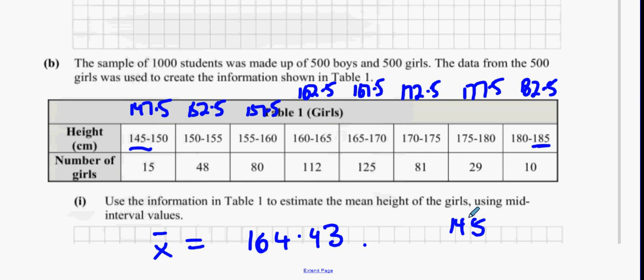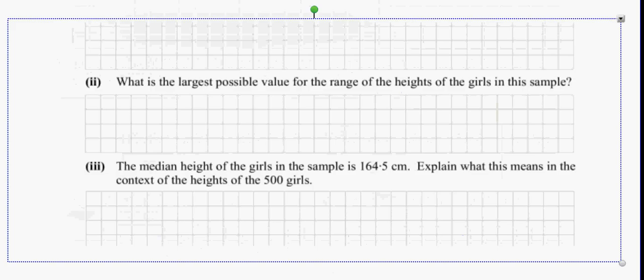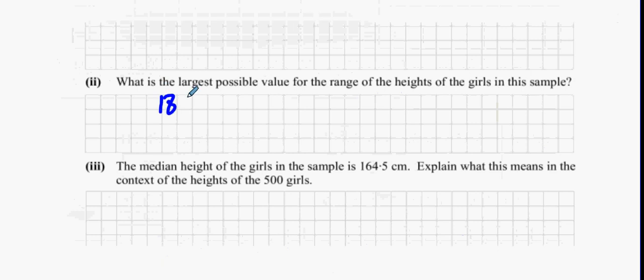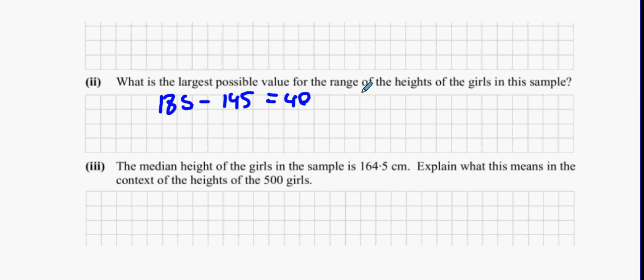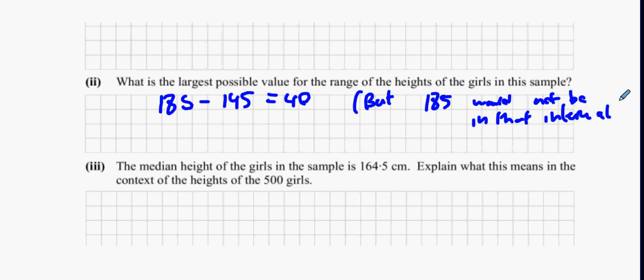So I'd have two answers here, and I'll explain my two answers. I'd have 185 take away 145 equals 40, but 185 would not be in that interval. What does that mean? If she was 185, she wouldn't be classed there. She'd be classed in the next interval up.